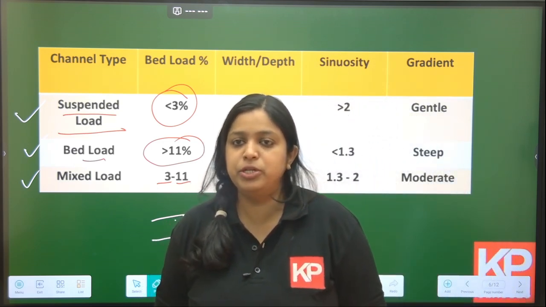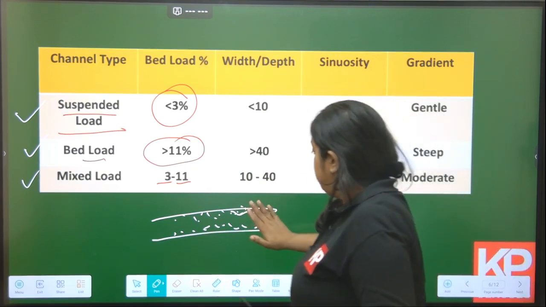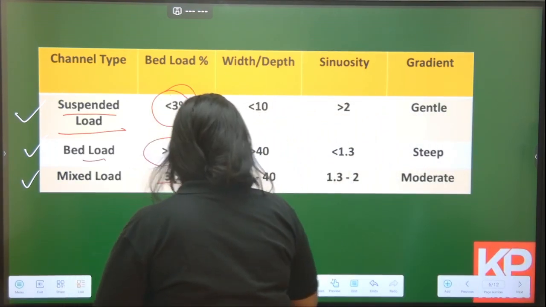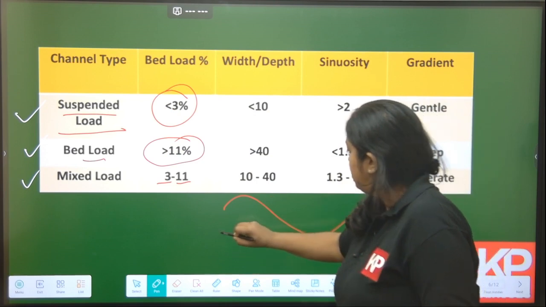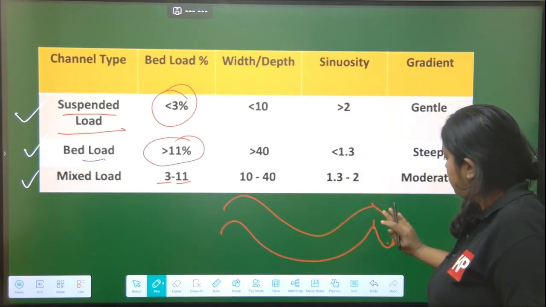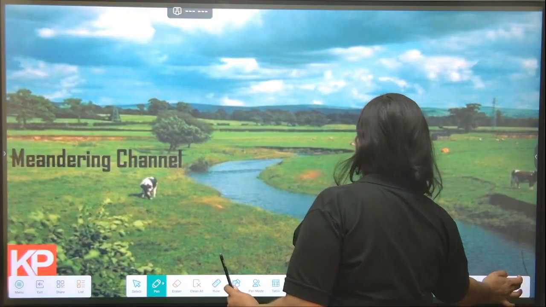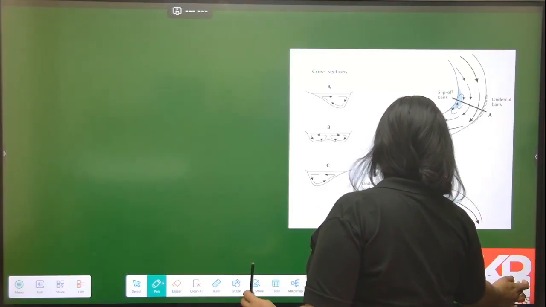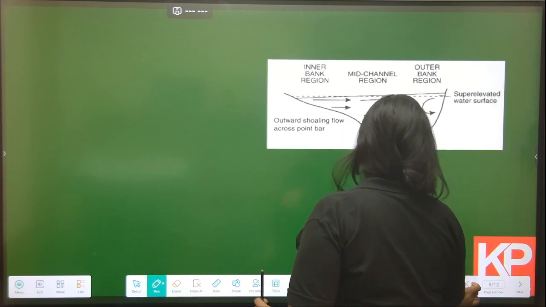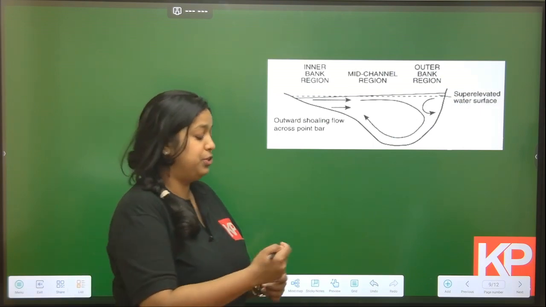Now in a suspended load channel, the width to depth ratio. Width to depth ratio means, yeah, you can see this picture over here for reference.